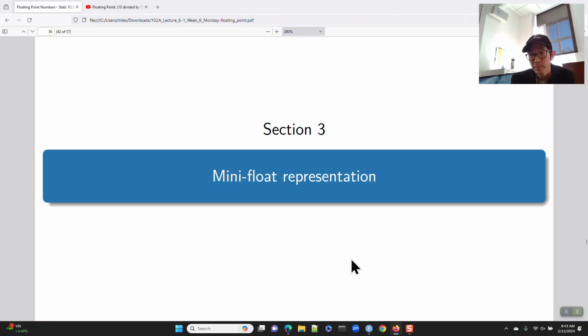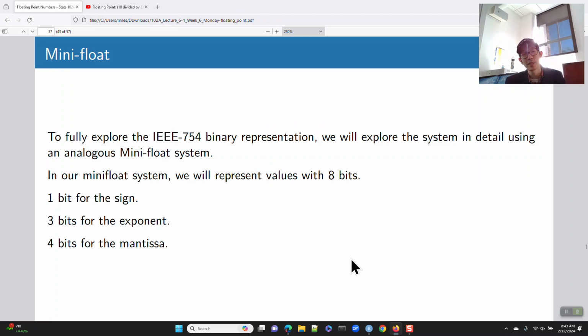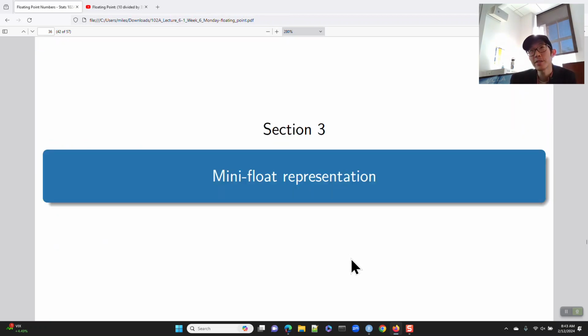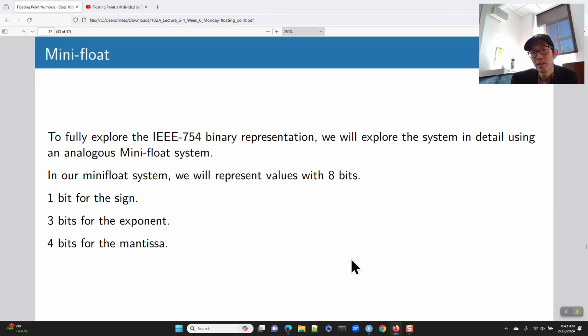Just to give us an idea of how this floating point system works, I'm going to have a similar system, but using only 8 bits. This is not practical, but if we used only 8 bits, with a very similar system, we'll have 1 bit for the sign, 3 bits for the exponent, and 4 bits for the mantissa.